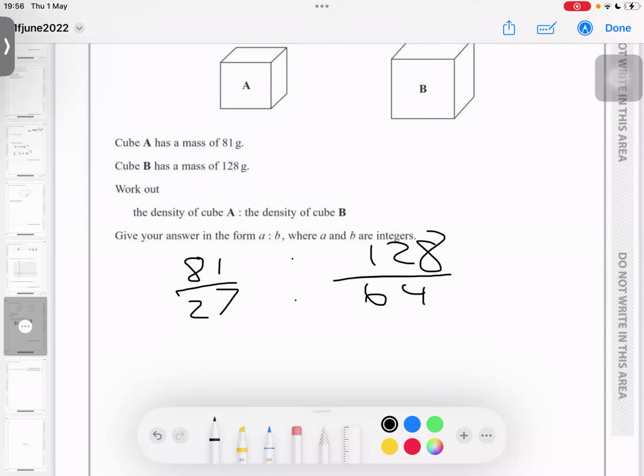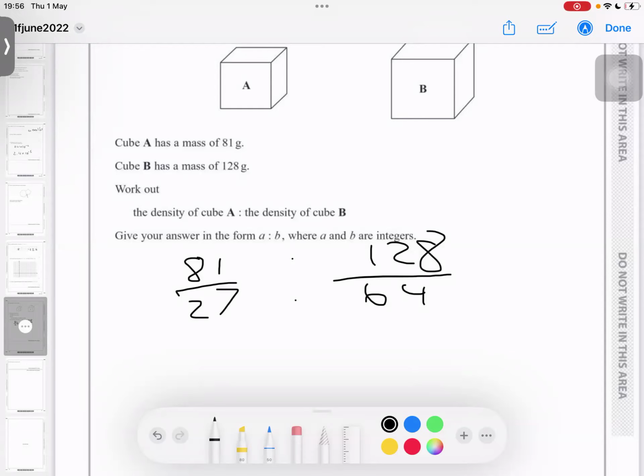Okay, good. So now we want to translate that dot dot into what it actually is, which is division. So on the next line, you're going to write 81 over 27 divided by 128 over 64, which will now translate to 81 over 27 times 64 over 128.